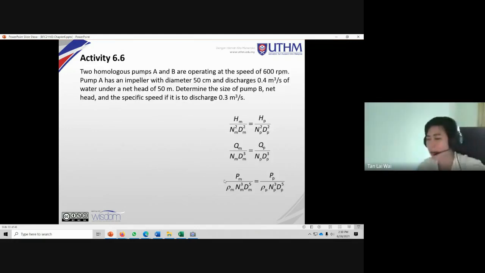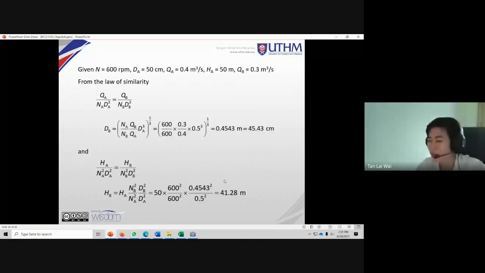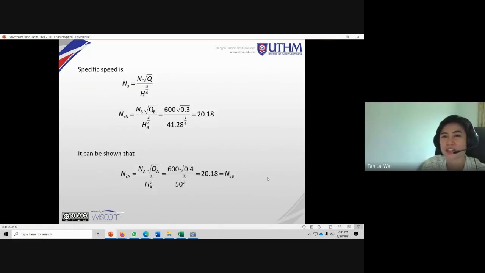Between A and B, which are homologous pumps, if you compare the diameter, pump A is larger than pump B. I would expect the discharge is larger too for pump A, and the head for pump A is higher than for pump B. But not necessarily in all situations, so you have to be careful.